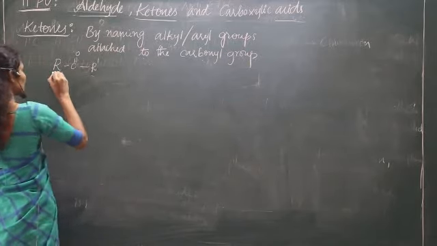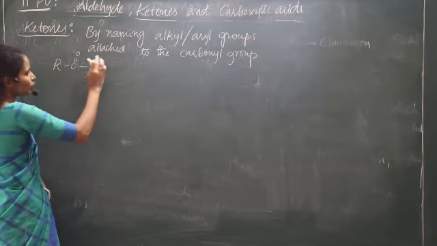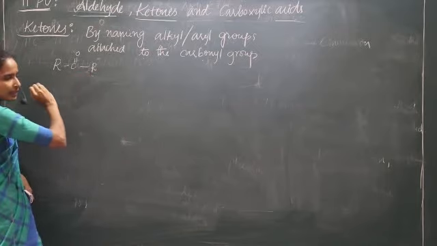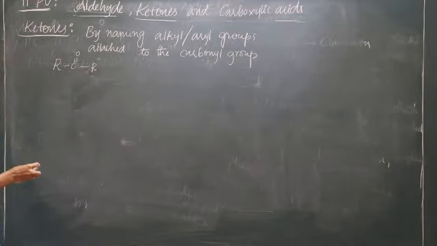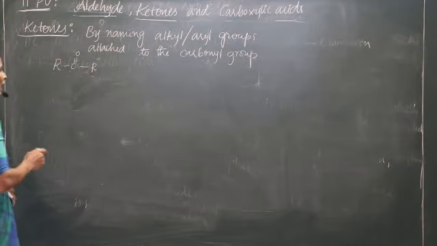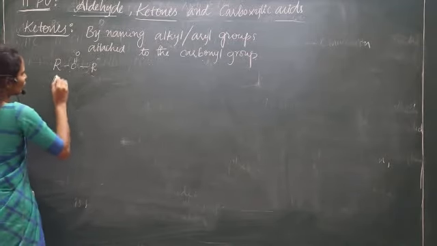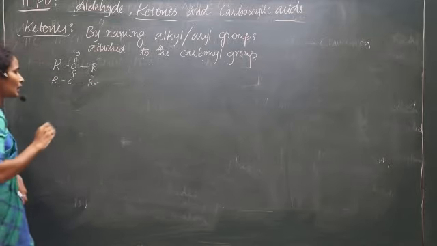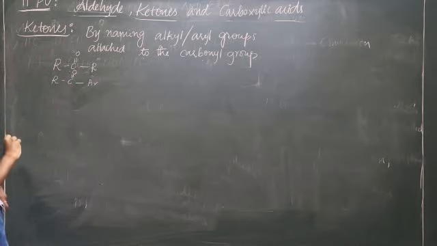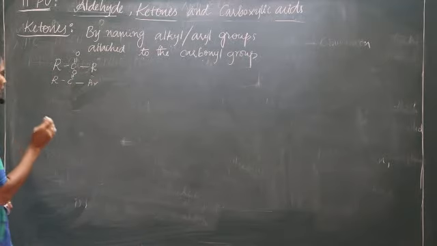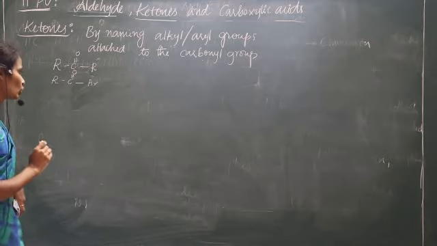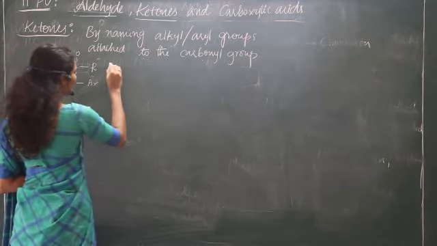If there are two methyl groups, then we can name it dimethyl ketone. Or if one is an alkyl group and another is an aryl group, then we name this compound as acyl phenyl ketone, or we take the acyl group as prefix to phenone. I'll explain by taking an example.